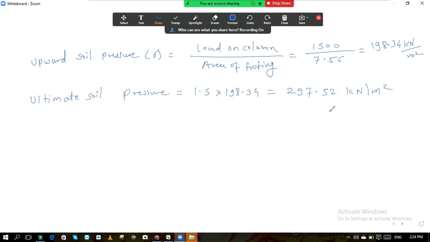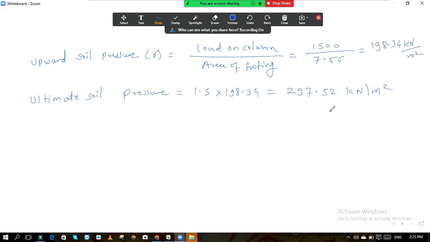One-way shear and two-way shear means what? Imagine in a plan a rectangle that is your footing. Okay, it may be square, it may be rectangular, doesn't matter. From the edge of the column at a distance d, small d, that is the effective depth, from either edge of the column at a distance of effective depth d, there is a generation of the shear force.